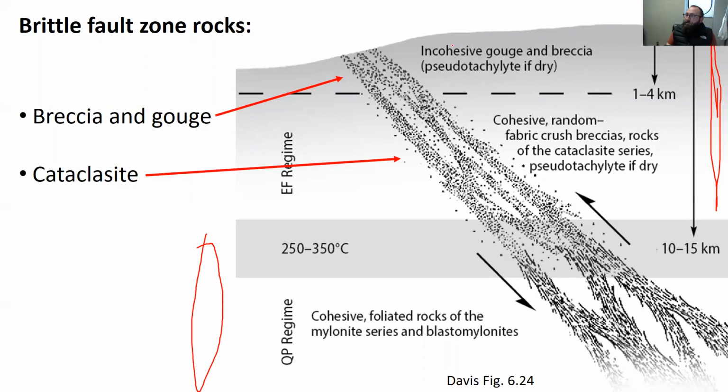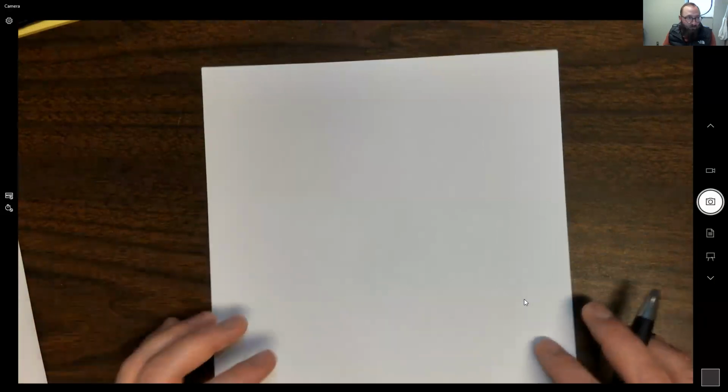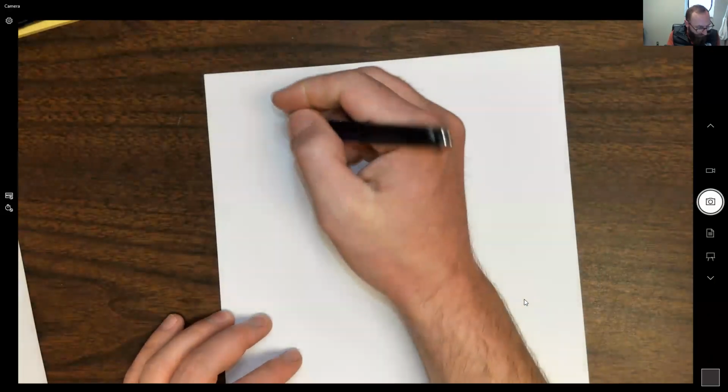Okay, so let me switch over to DocCam. Let's define a couple of words here. So we can classify our brittle fault rocks into two series, the Breccia series and the Cataclasite series. Okay, so let's write that down.